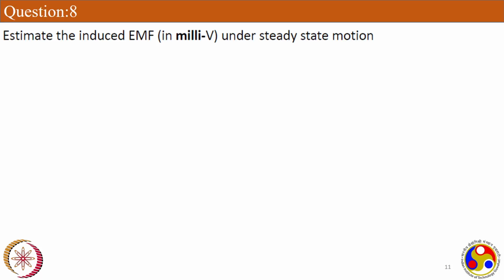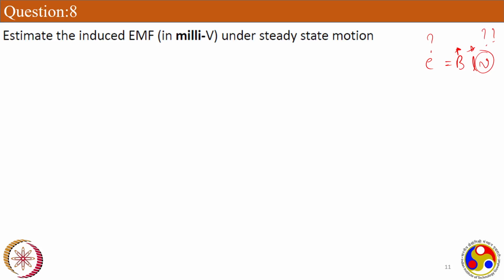Now, what is the problem here? To apply this particular formula, E is what they are asking. B I know, L I know, and E is what they have asked, and I have no information on V also. I don't know with what velocity the conductor is being moved. So no point in applying this formula.